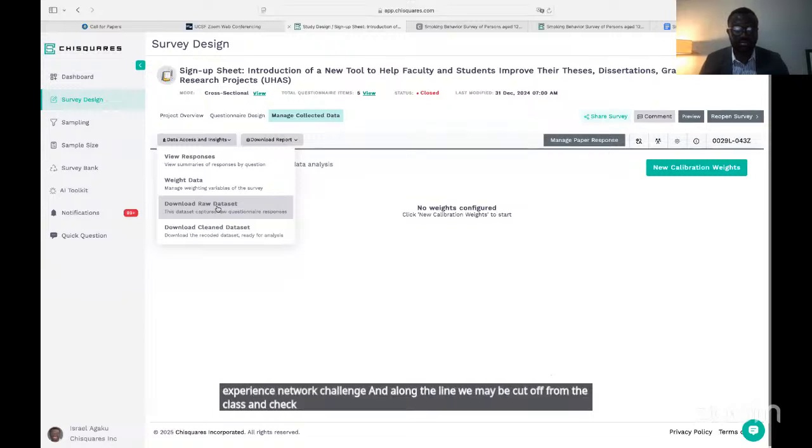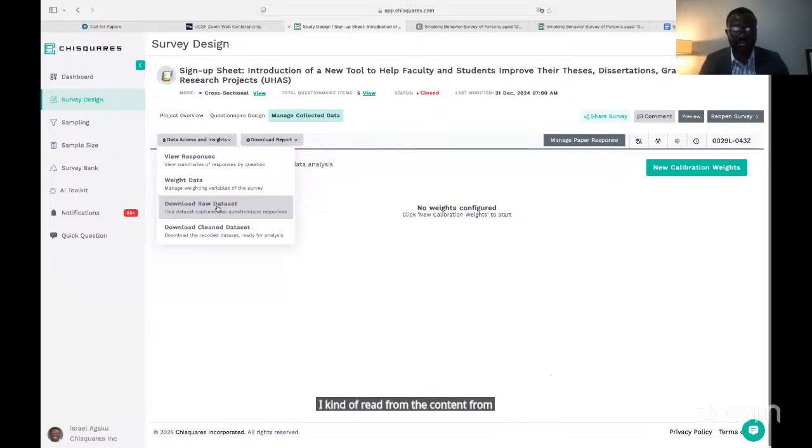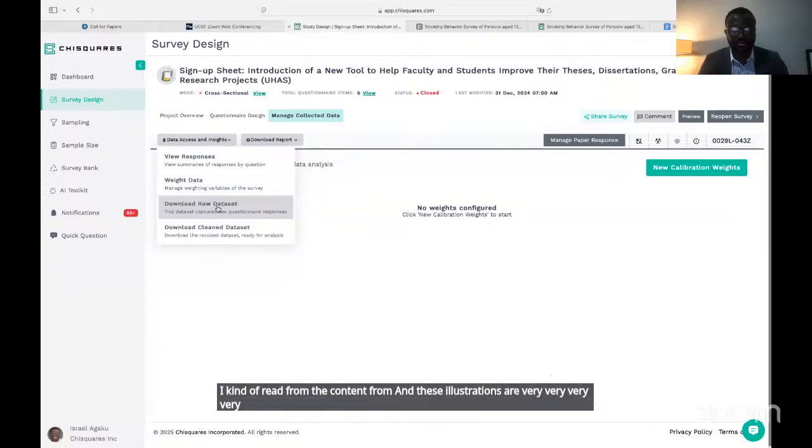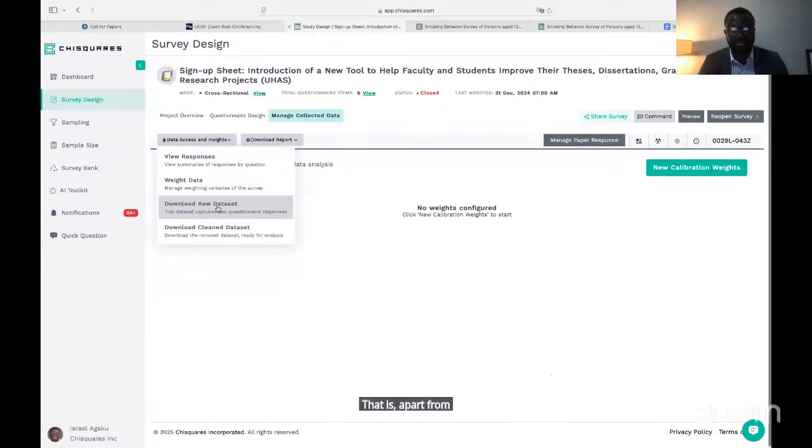So from the download I had, the record, I can't read from the content. And these illustrations are very important and useful to recall or learn something new or remember something that may have been taught. That is apart from the record of the class that is being shared.